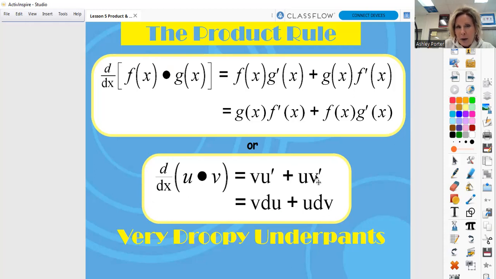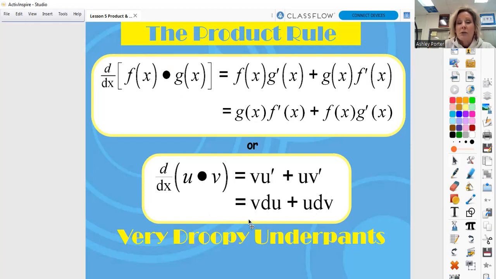While that's not more memorable, let's look at u prime as the derivative of u. And instead of saying derivative of u, let's say du. Then I can say the derivative of uv is v du plus u dv. And suddenly that's a little more memorable because it's got a jingle.